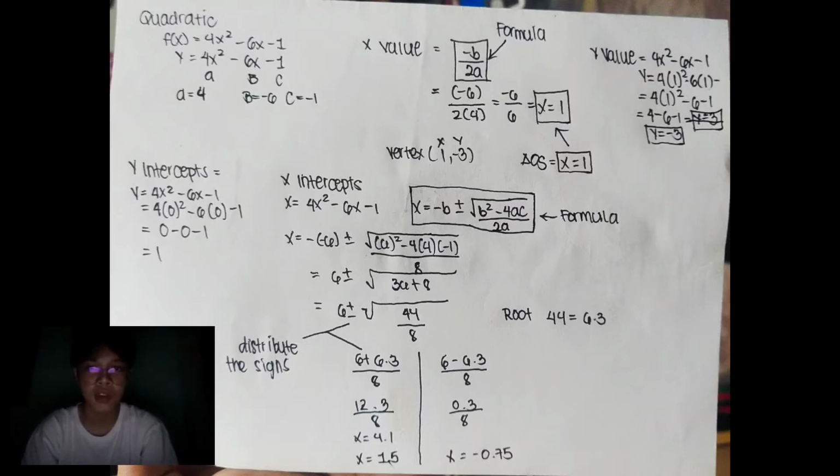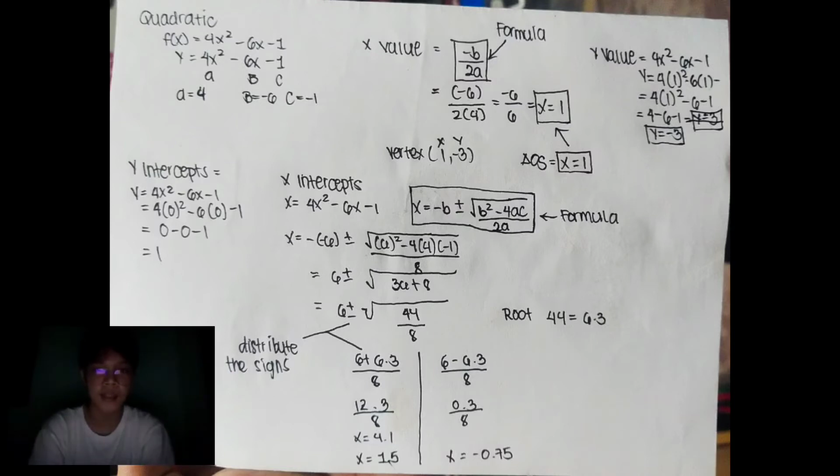Then proceed to get the vertex. The vertex will be your X and Y value, which means the X, or the h, will be 1 and the k will be negative 3.